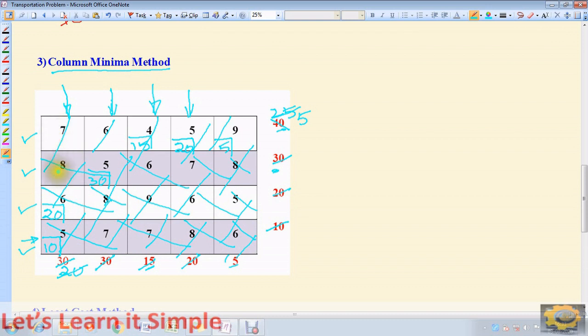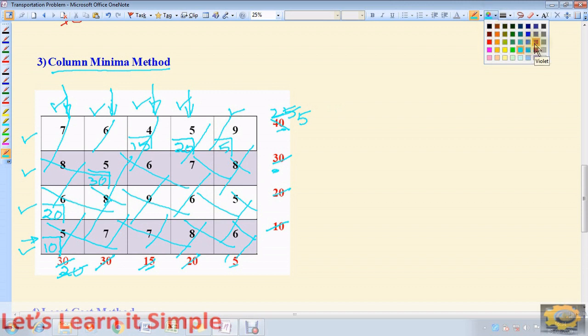Now column wise, first column 20 plus 10, 30, done. Now in the second column 30 alone, done. Now in the third column 15 alone, yes, done. Now in the next column 20, yes, done. Here 5.